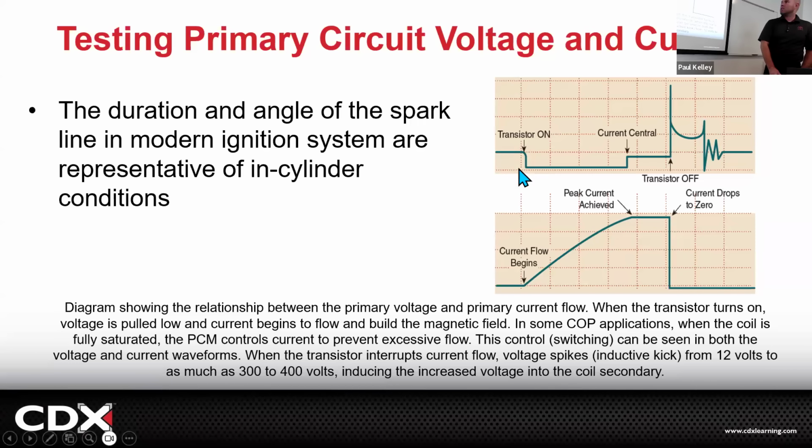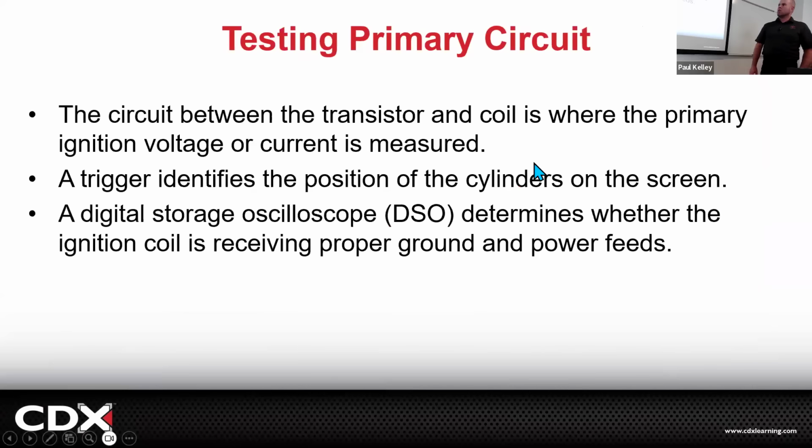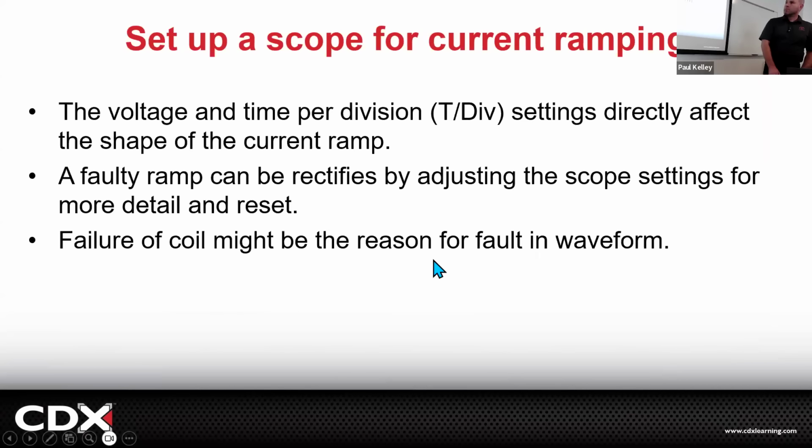So you might have to make each of these divisions not 1 millisecond, but let's say a half a millisecond, and that would stretch it out, right? So some of the settings are going to change this shape. Or if you have this exact shape, but it's really short, that might be because you have the voltage adjusted too high. You might need to adjust your voltage down, okay? So those adjustments change the shape.